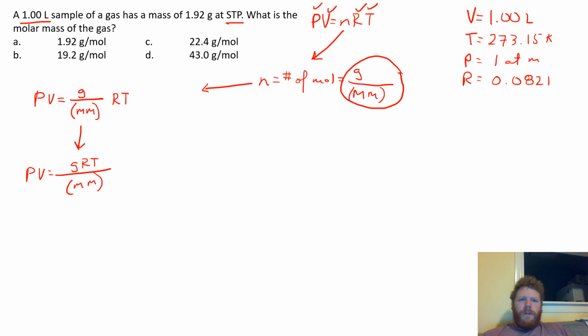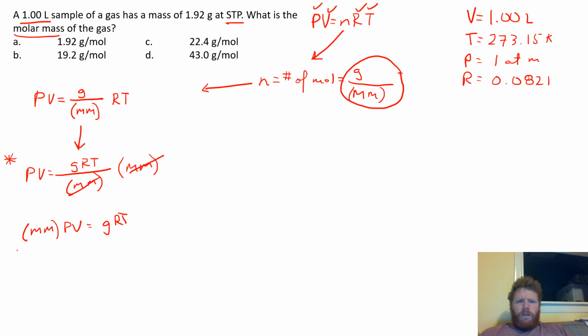Okay, so now to solve for the molar mass, what we need to do is get MM by itself. So we multiply both sides of this equation by MM. That will cancel, and we're left with MM times PV equals gRT.